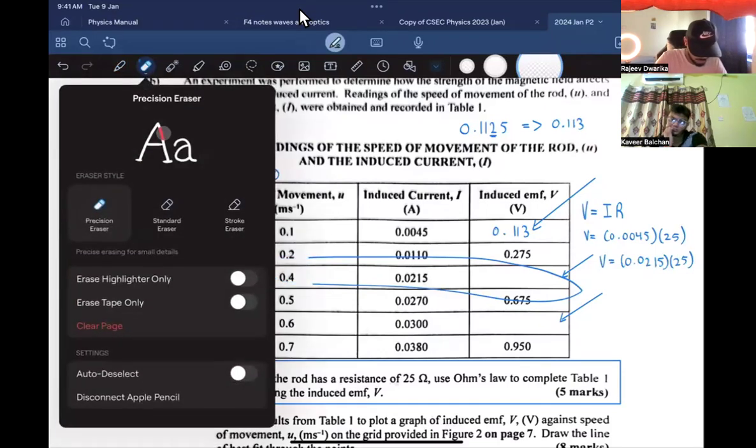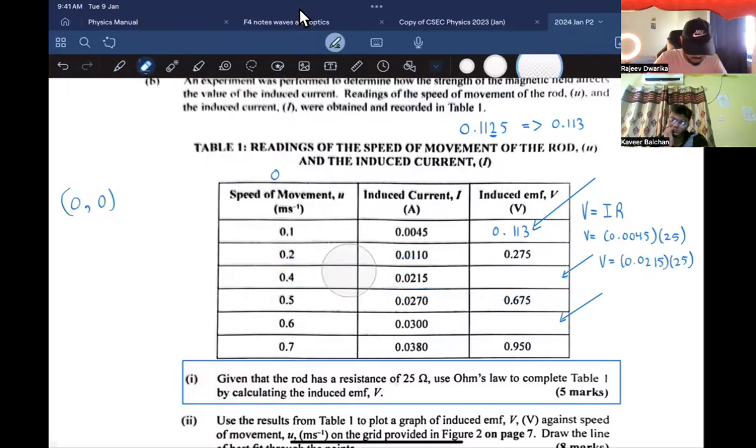So yeah, 0.5375. Round that off to three decimal places. You're looking at the third decimal place 7, and the number after 7 is 5. So you round up. So that'll be 0.538. Correct. Nice.